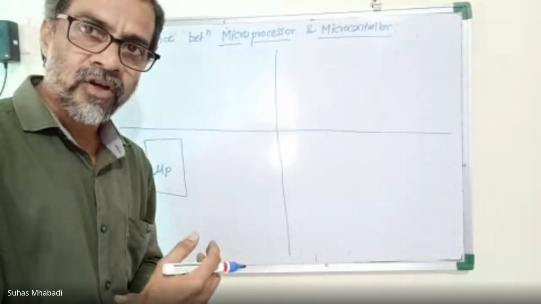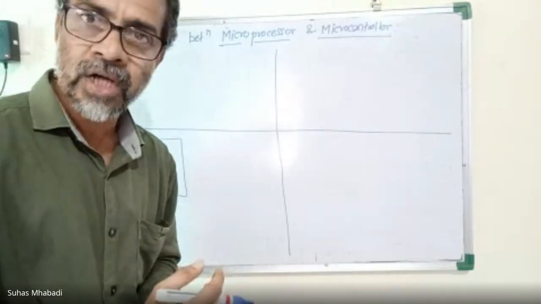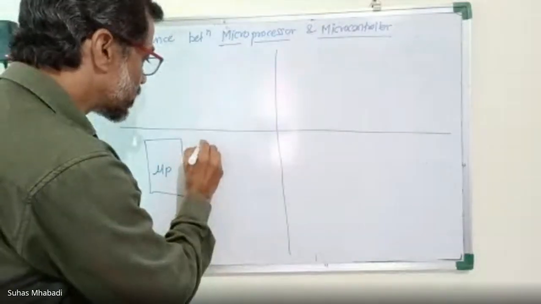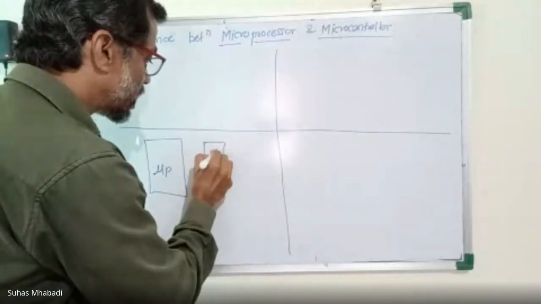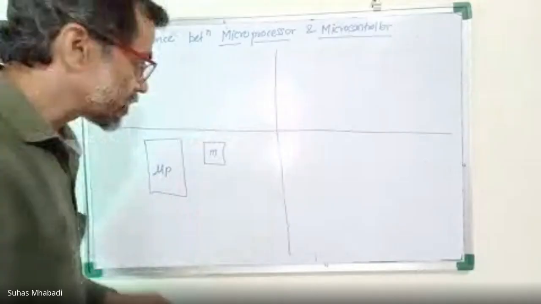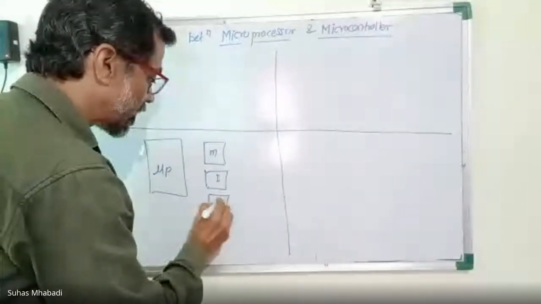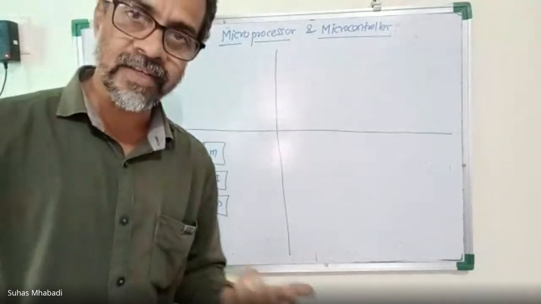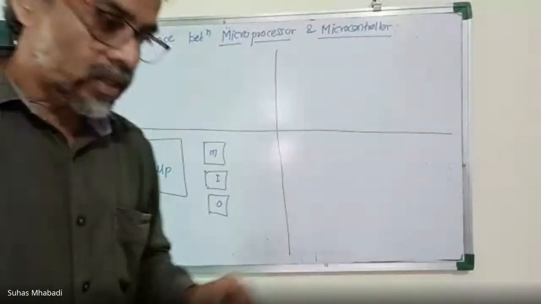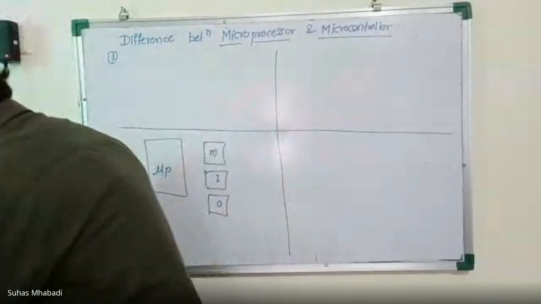Some of them are for memory and some of them are for input output devices. So we require a separate memory IC, and we have to connect input devices, peripheral and output devices, interfacing devices.